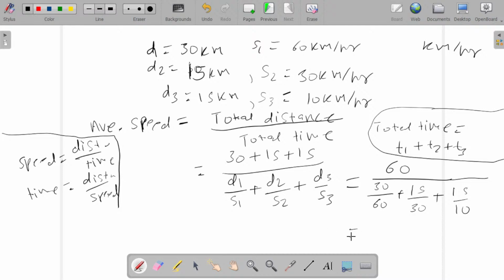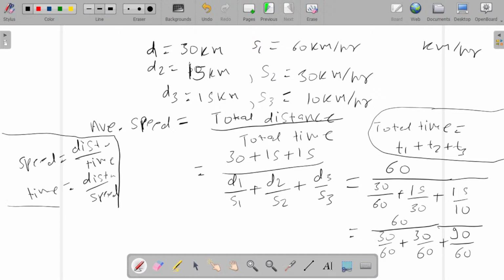So let me solve it. Take the LCM. We get 30 by 60 plus 30 by 60 plus 90 by 60.